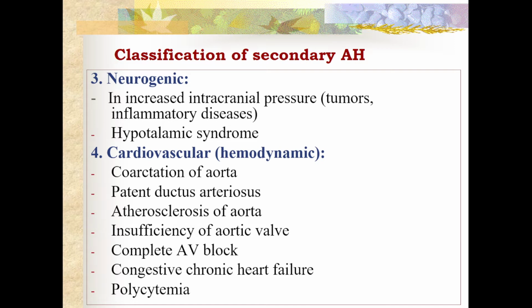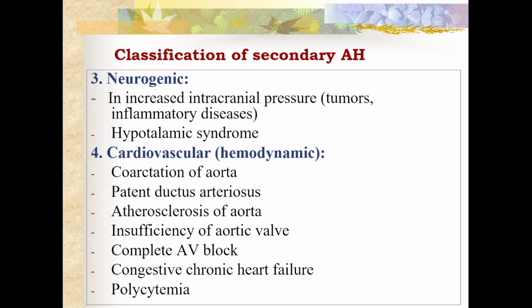If we reveal arterial hypertension in patients more than 65 years, usually this situation is associated with atherosclerosis of aorta.